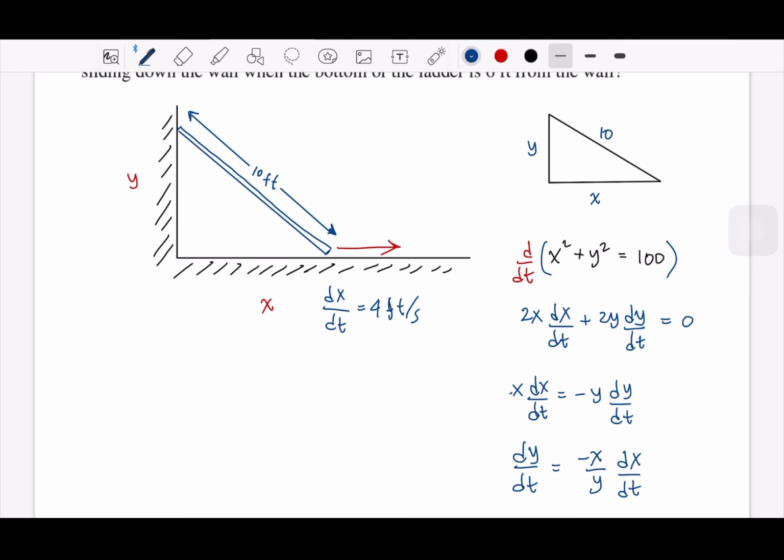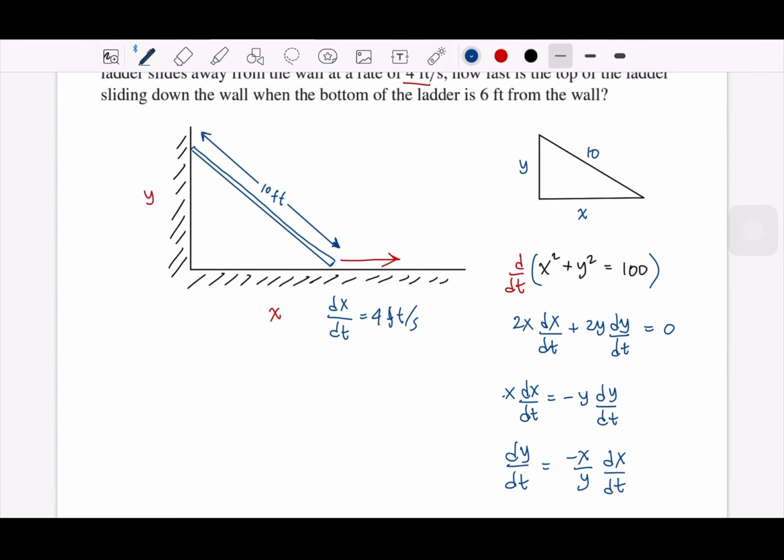Okay. Now we have dx over dt, right? This one. And how about x and y? In the last sentence, it says that we need to evaluate dy over dt when the bottom of the ladder, this x, is 6 feet.